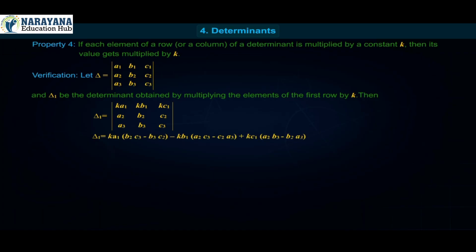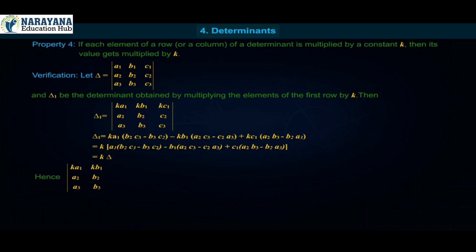Delta 1 is equal to ka1 into (b2 c3 minus b3 c2) minus kb1 into (a2 c3 minus c2 a3) plus kc1 into (a2 b3 minus b2 a3), is equal to k into [a1 into (b2 c3 minus b3 c2) minus b1 into (a2 c3 minus c2 a3) plus c1 into (a2 b3 minus b2 a3)], is equal to k delta.